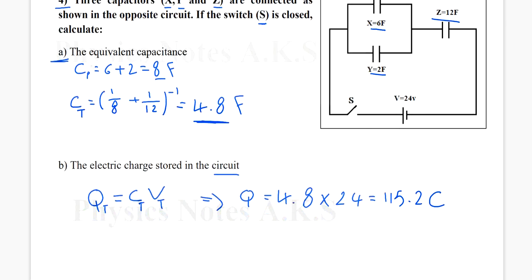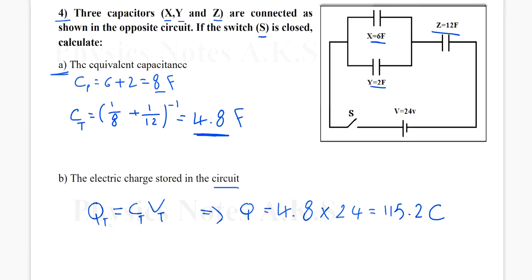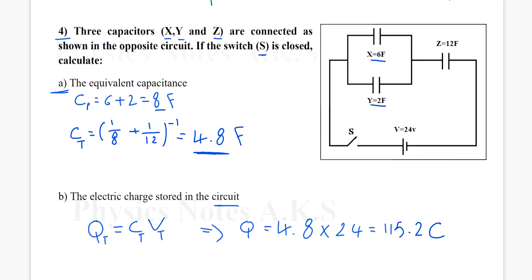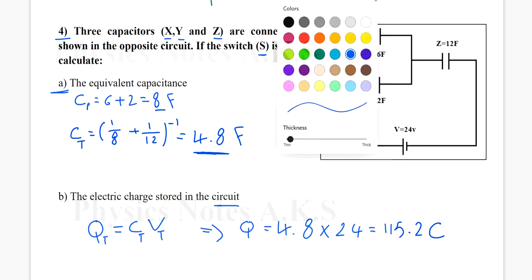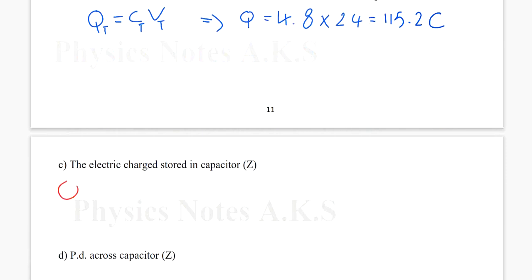Okay, I have part C. It says find the electric charge stored in capacitor Z. Pay attention guys here that Z is connected in series with the battery, which means the charge given by the battery is the same charge that is going to be in Z. So the charge stored in Z is actually the same total charge we found before, 115.2 coulomb.